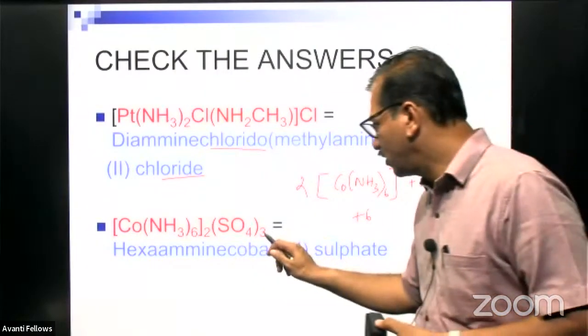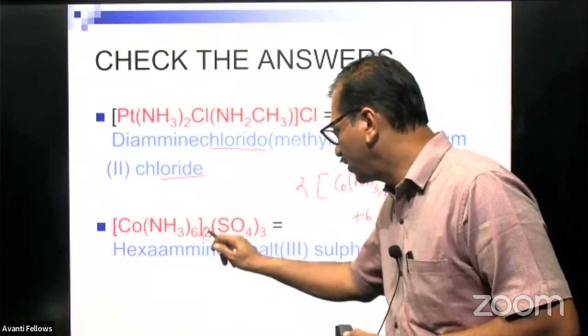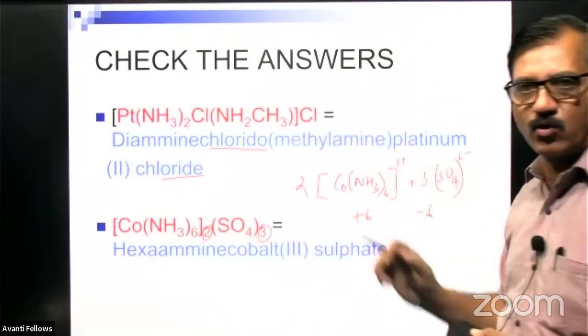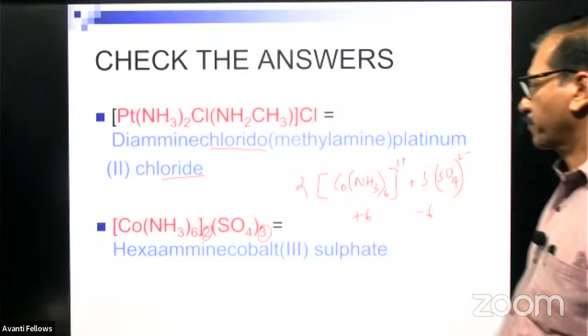So this is how the 2 and 3 have come: to make neutrality.